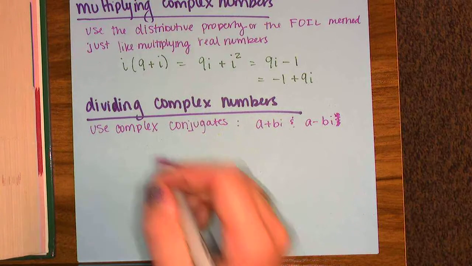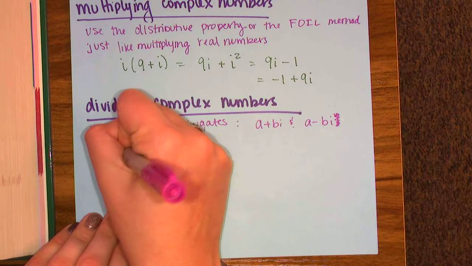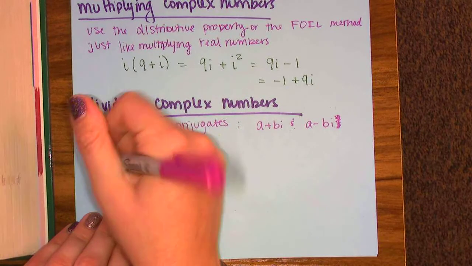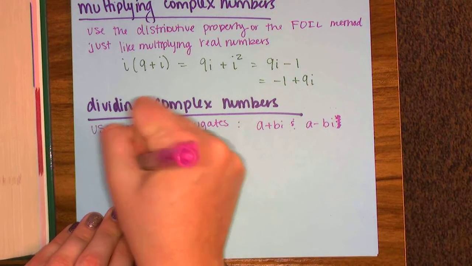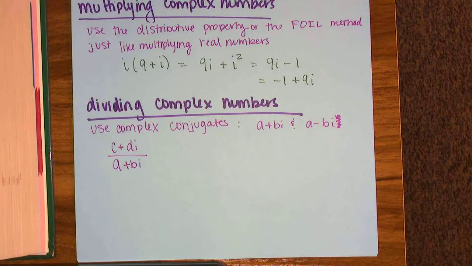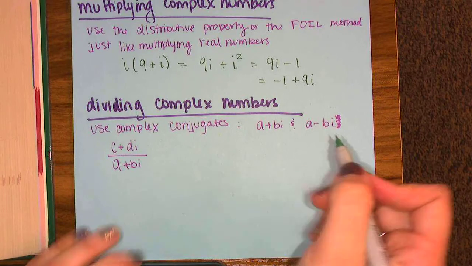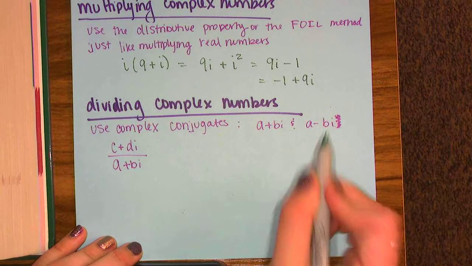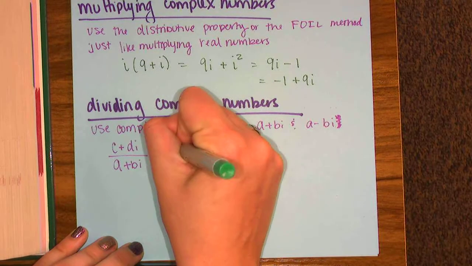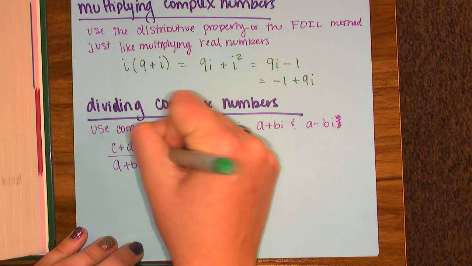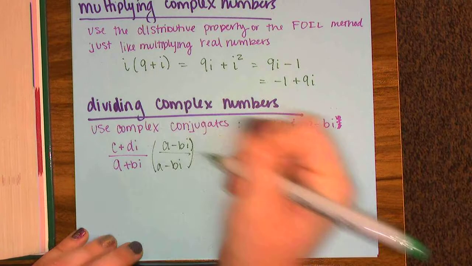So if I had C plus DI over A plus BI, I would multiply top and bottom by the complex conjugate. So I have this one, so I'd multiply by this one. So it would be A minus BI over A minus BI.